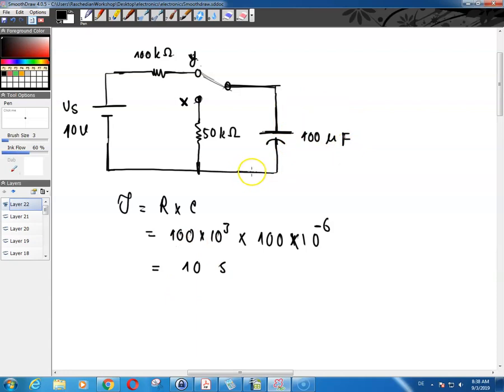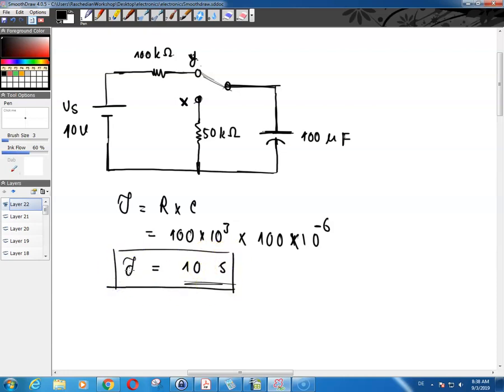Okay, so now when the switch is moved to the Y position, the capacitor begins to charge. What is the charging time constant? It is basically 10 seconds. Tau is equal to 10 seconds.